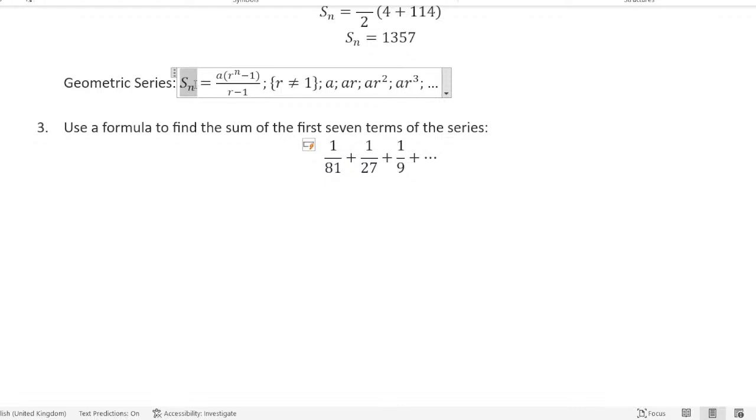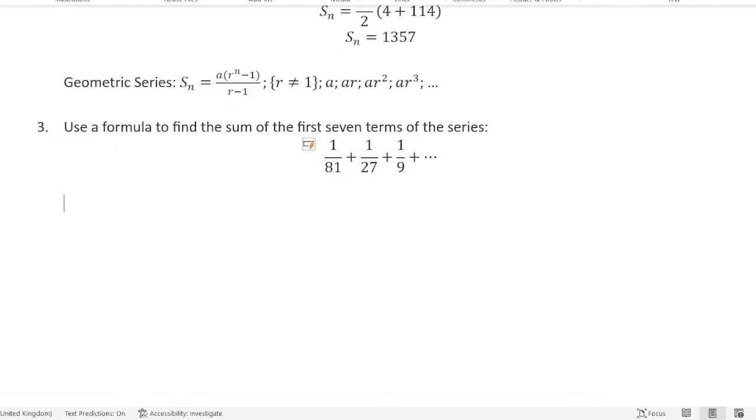So Sn is unknown. Then what is the value of A?